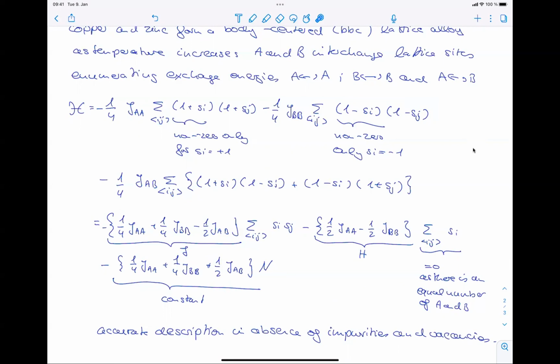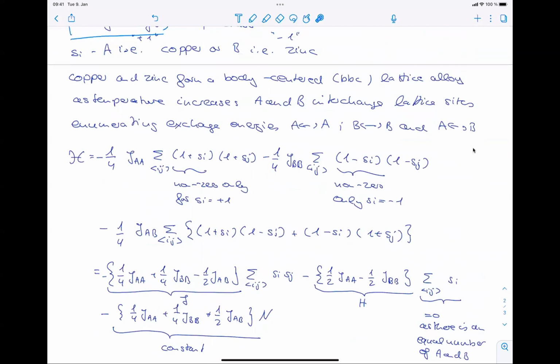No, but okay, so we did a mapping here, right? So we mapped the spin: at one lattice site you can have zinc or copper. If it's zinc, you say this is +1, and if it's copper, it's -1.